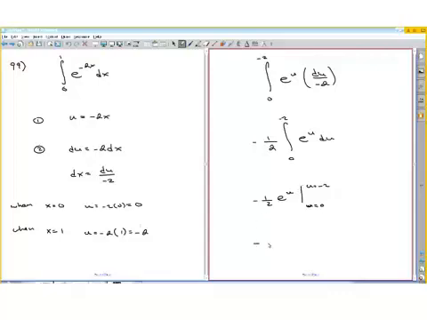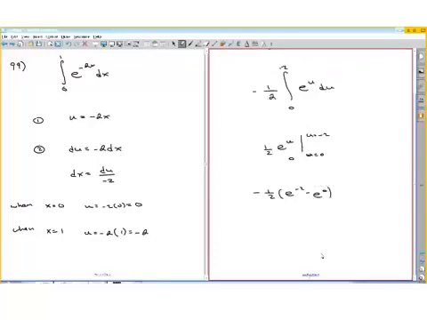Now we plug the numbers in. You get negative 1/2 times e to the minus 2 minus e to the 0. And e to the minus 2 is the same as 1 over e squared, so this is really equal to 1/2 times 1 over e squared minus e to the 0, which is 1.